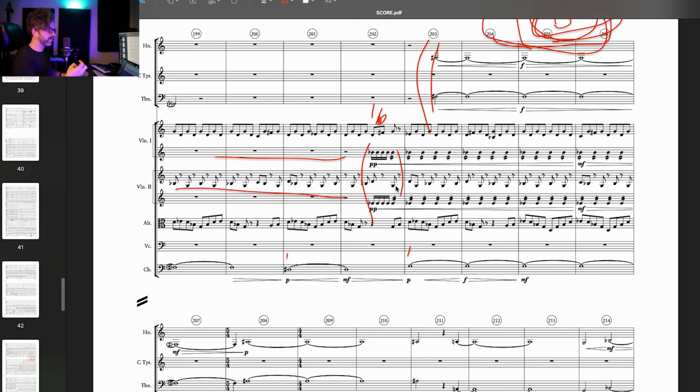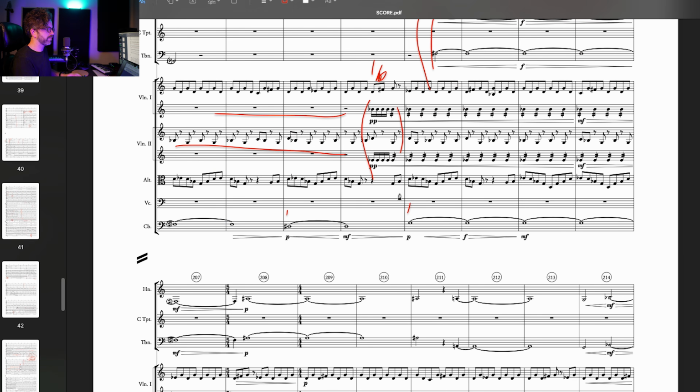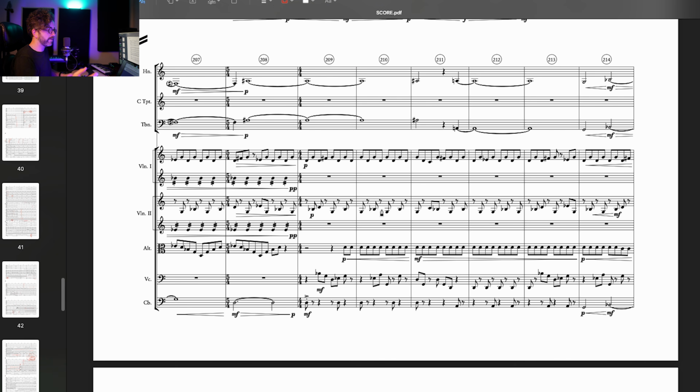So these are powerful intervals to introduce this kind of noisy and atmospheric effect when you're working with the orchestra, well, even if you're working with sound design or other sounds.